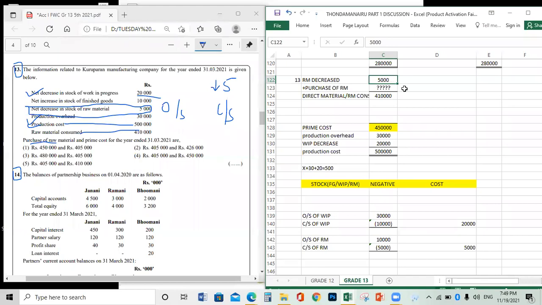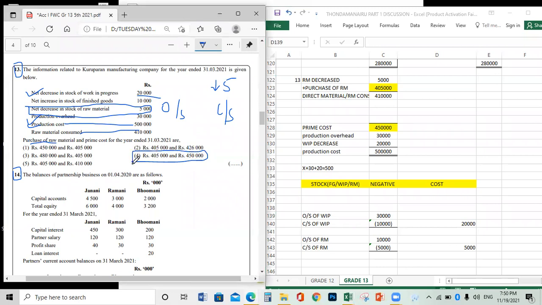So 410,000, you deduct 5,000. 410 minus 5, you get 405,000. So your correct answer, purchase of raw material, is 405,000, while your prime cost is 450. The answer is the fourth one.